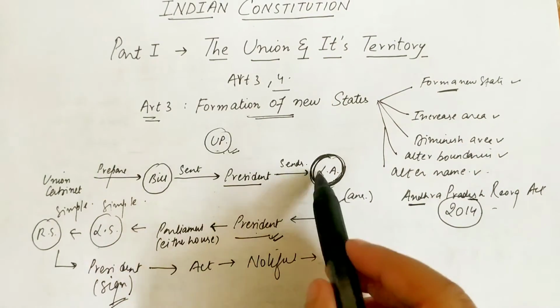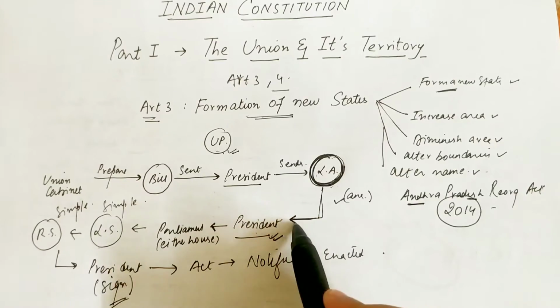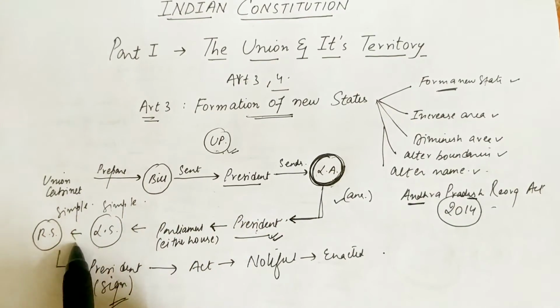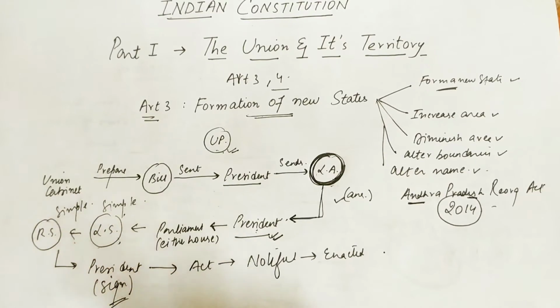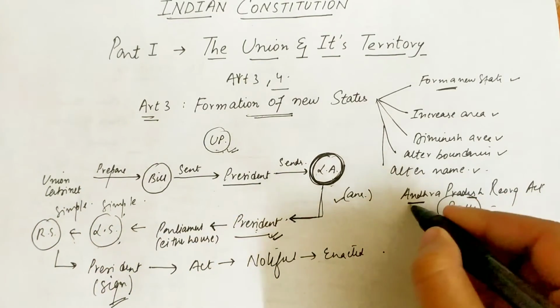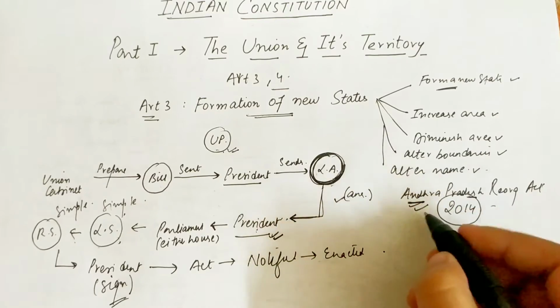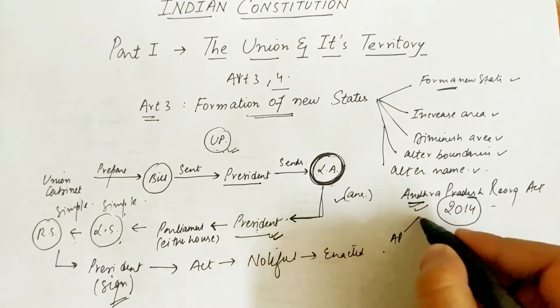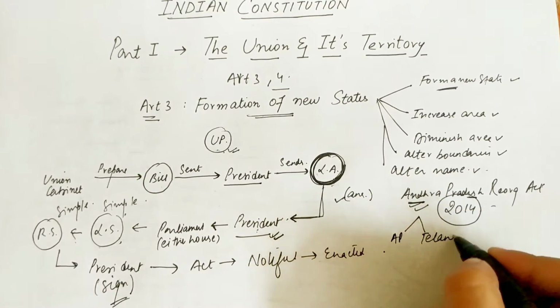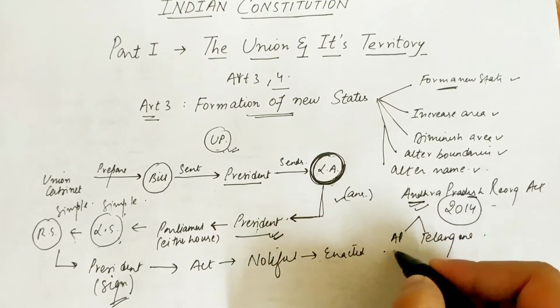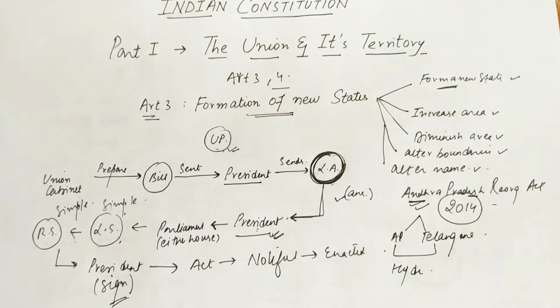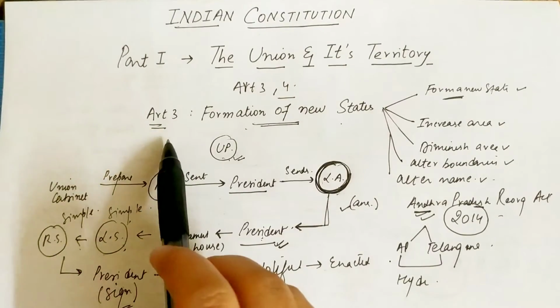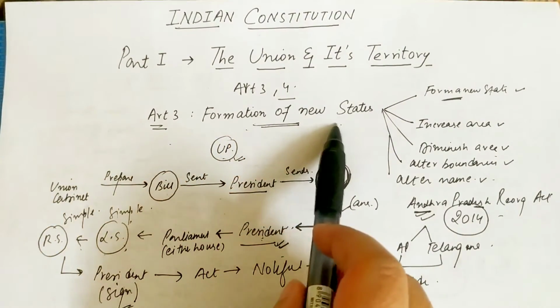But when it was sent back to the President, it was sent to both the houses and it was passed by simple majority. So it was enacted, and finally the Andhra Pradesh state was bifurcated into Andhra Pradesh and Telangana. And we know Hyderabad would remain the common capital for 10 years, right? So basically Article 3 talks about formation of new states.